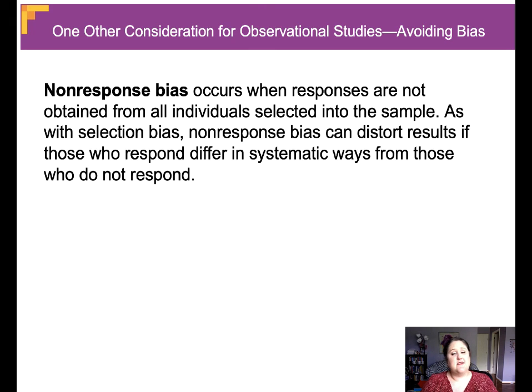In surveys, non-response is going to happen at least to some degree in almost every survey, but you want to make sure that the non-response is low, otherwise there could be something going on that you would need to consider when trying to describe the entire population. One way that we can prevent non-response bias is by ensuring that we are following up with everybody that's selected for our sample.